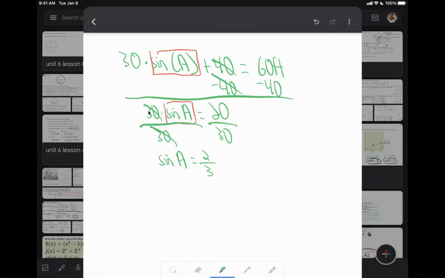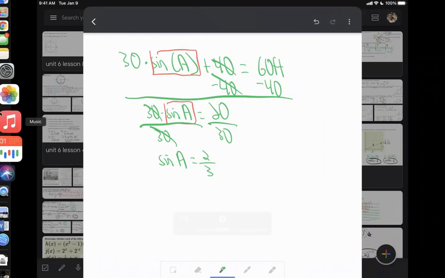So the angle is going to be wherever the sine is equal to 2/3.